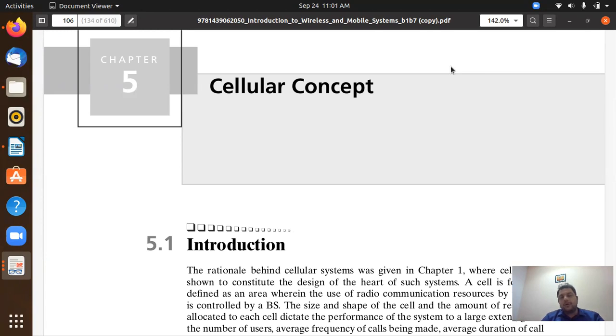Because of this cellular infrastructure, mobility is being offered to the users. They can move from one cell to another cell.